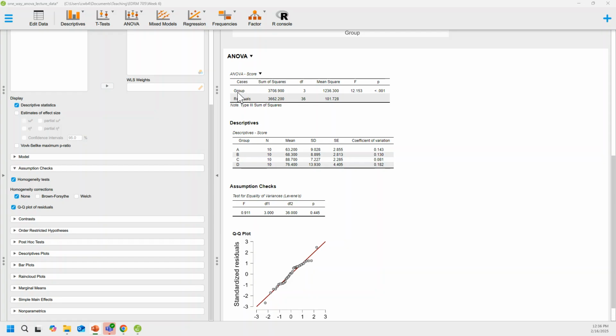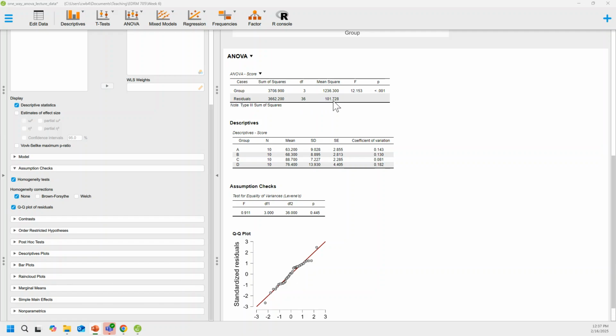Notice in my data set, I had group A, B, C, and D. Those are our training methods. All the information about between group variability is given on this first row in these first 4 columns. And then I have within group information, which is in this second row across those first 4 columns.